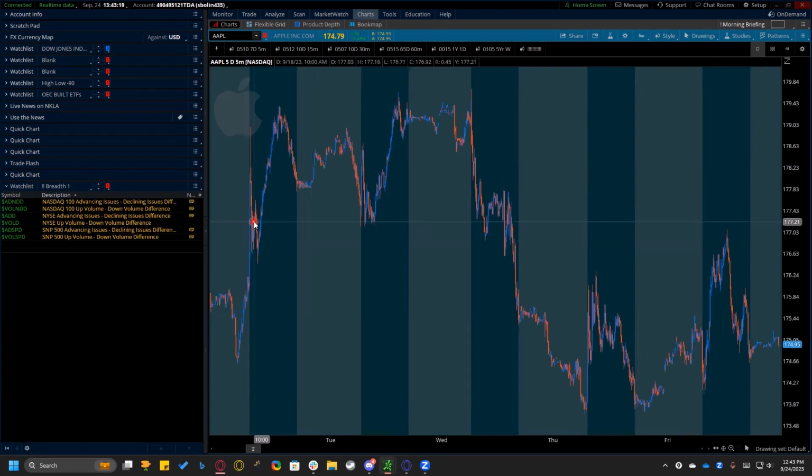But what we want to do is look at some of these market breadth tools. Now, we're only going to mark out a few. It'll give you the idea of what we're doing, and then you can extrapolate from there and build your own charts. So we want to use one of the most popular, the NYSE, New York Stock Exchange. And what we want to look at is advancing minus declining issues.